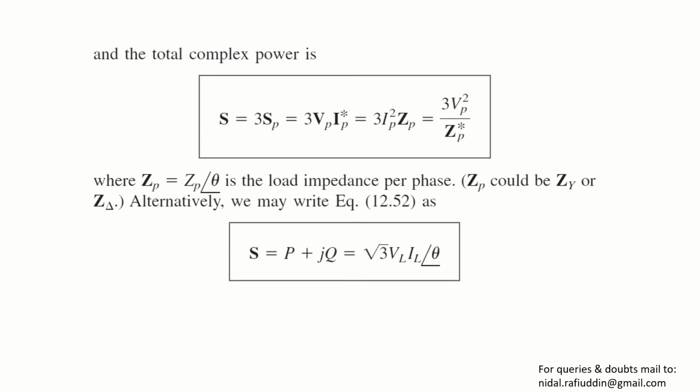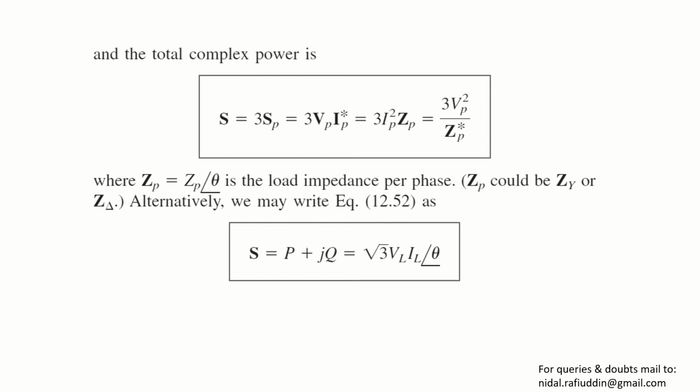The total complex power S, the apparent or complex power, will be equal to 3 times the complex power in each phase, SP. This can be written as 3 Vp IP conjugate, or 3 IP square Zp.